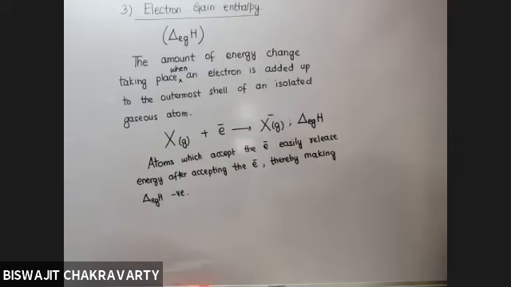But the same delta EGH will be relatively low negative if the atom is in lesser need, or positive if the atom does not want any electron to be added. So looking at the value of delta EGH, you can easily make out whether or not the atom is interested in taking the electron. Clear?